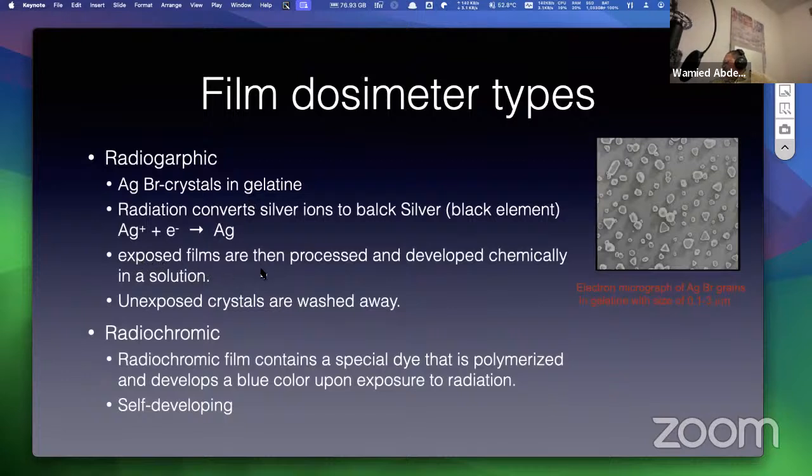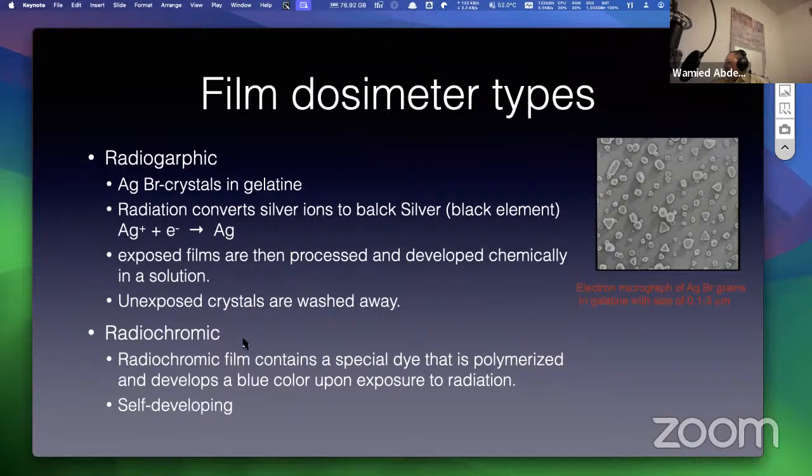When the films are exposed, we need to process them using chemicals in a solution, and this chemical washes away the silver that did not become metallic, black silver. So we have silver ions, when they're irradiated they become black silver, and what remains in the film is the black silver.